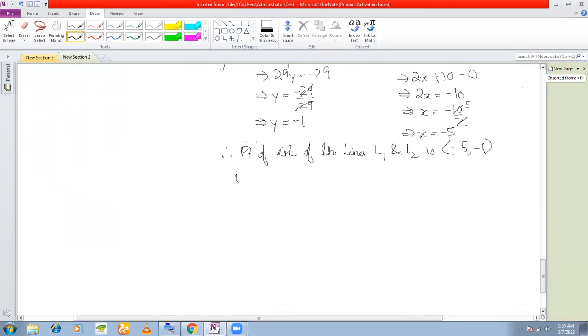So first write the coordinates. So here O is 0, 0, and P is -5, -1. Okay.